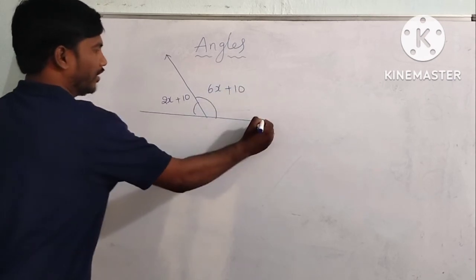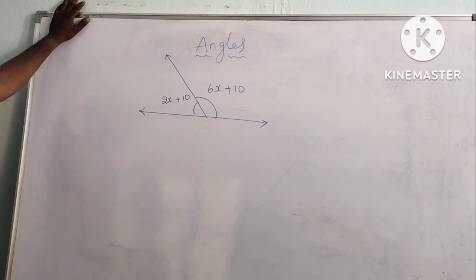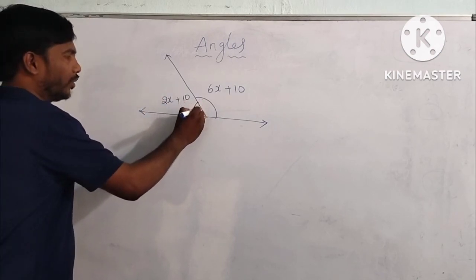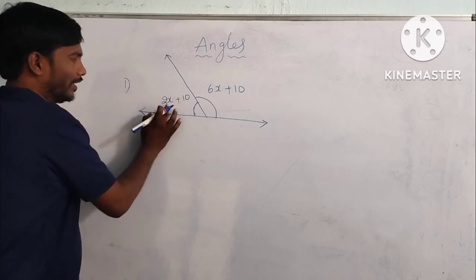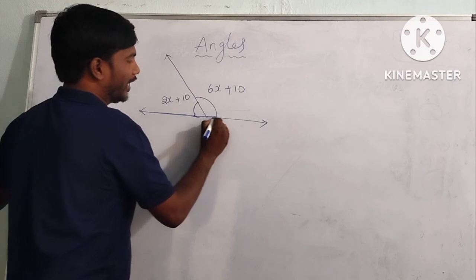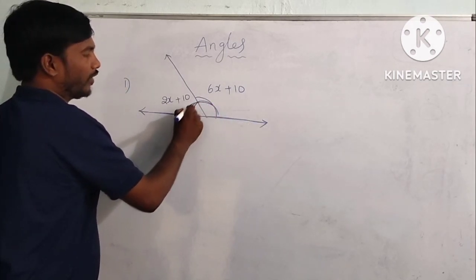Find the value of x. Sir, how will we find this? Already we know that if it is a straight line, these two are which type of angles?